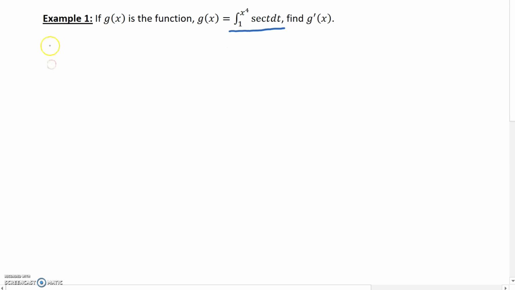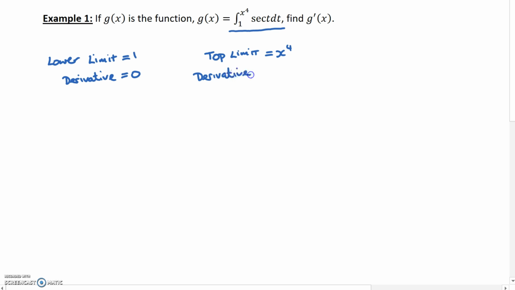The lower limit is equal to 1, and so its derivative will be equal to 0. The top limit is x to the power of 4, and so its derivative is going to be 4x cubed.